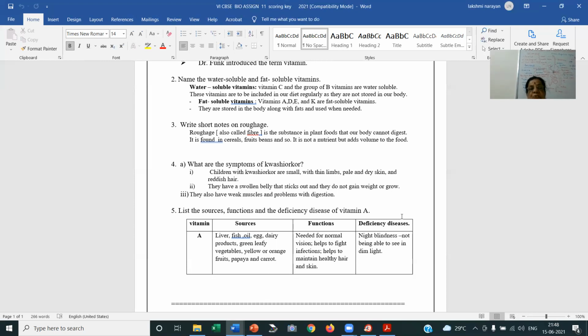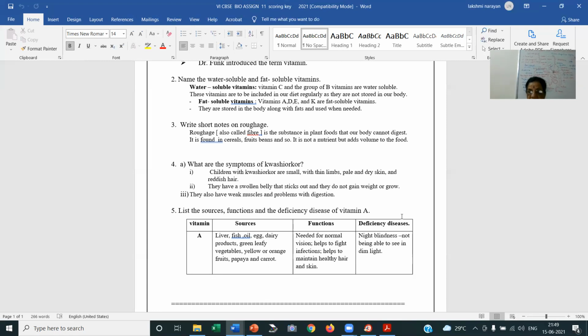Then, list the sources, functions, and deficiency diseases of vitamin A. Vitamin A sources are liver, fish oil, egg, dairy products, green leafy vegetables, yellow or orange fruits, papaya, and carrot.